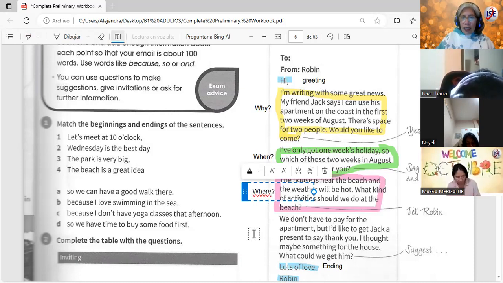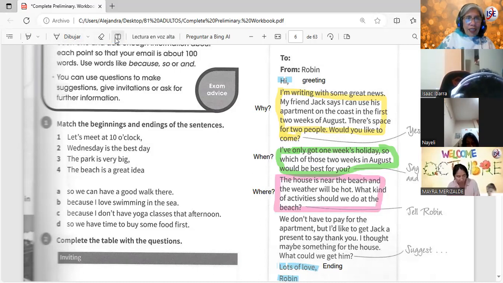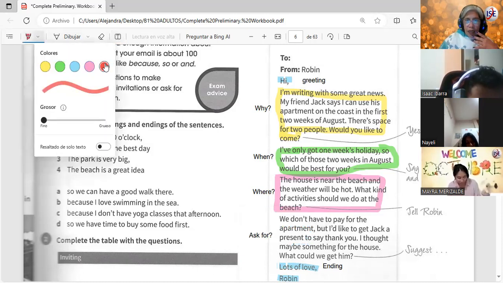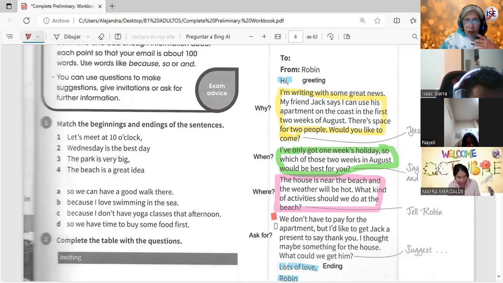And finally, in the last paragraph, you ask for. ¿Qué es lo que se necesita? ¿Qué es lo que se pide que la otra persona haga o lleve? Ask for. Okay? Those are, in the case of this kind of email, the functions of each paragraph.